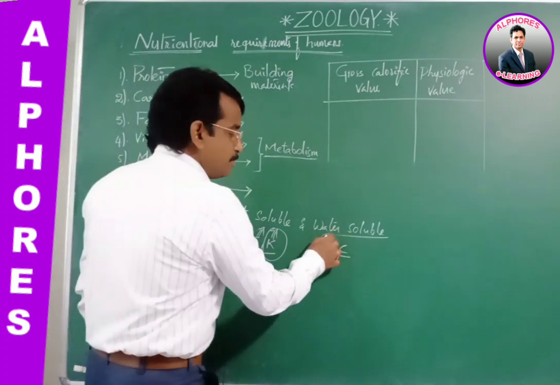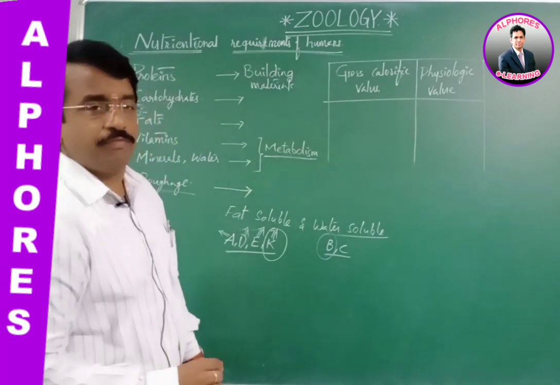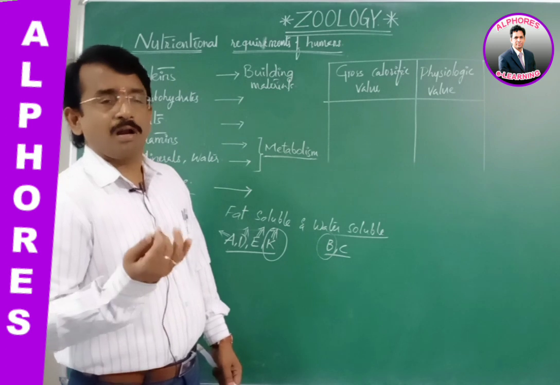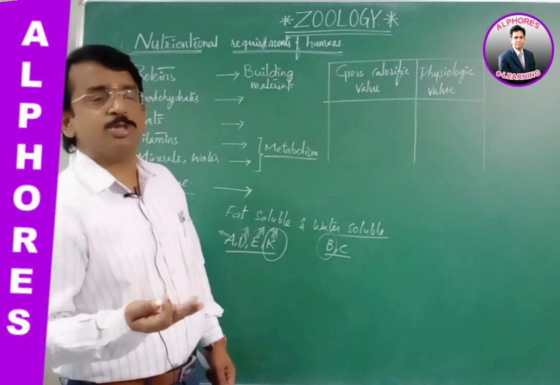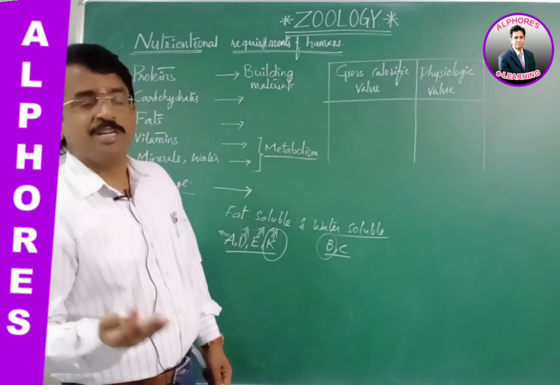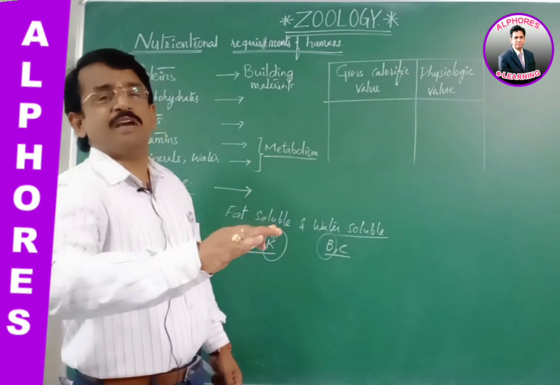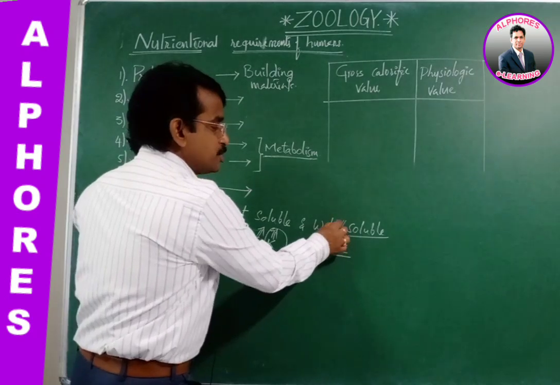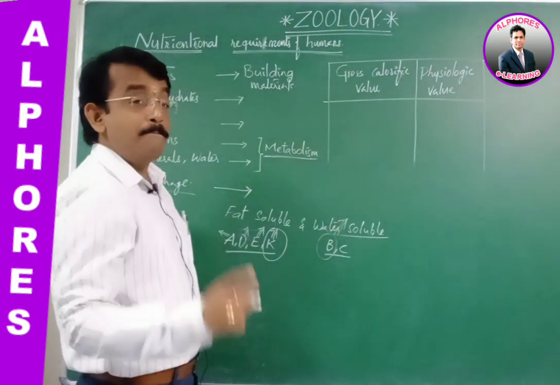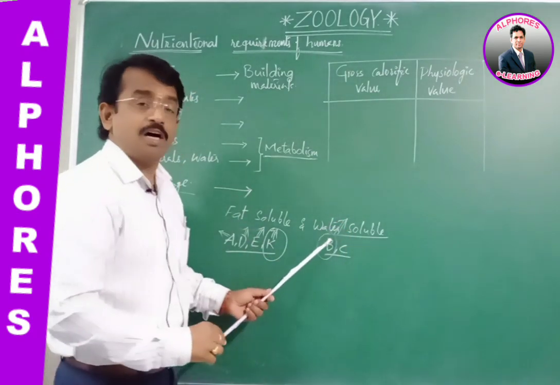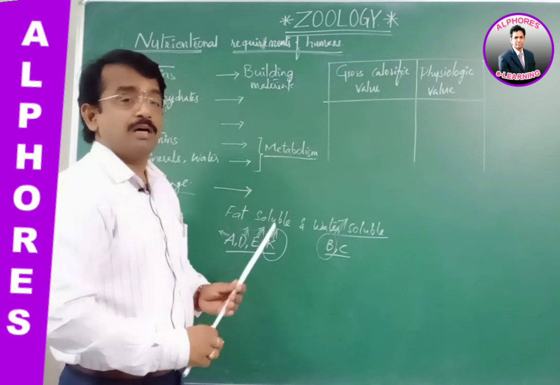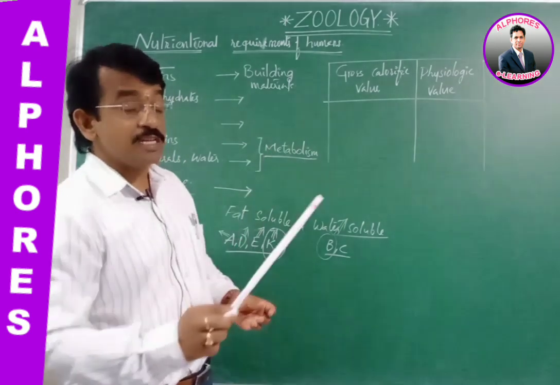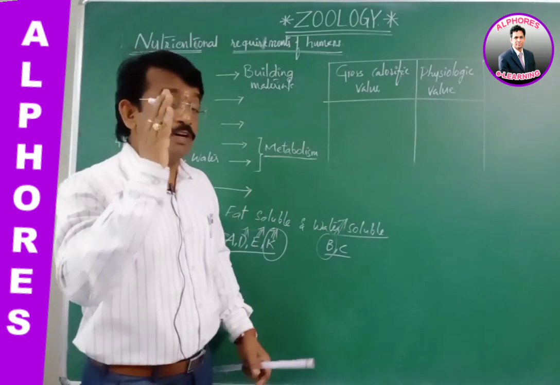B and C vitamins. Vitamin B is a complex of vitamins: B1 thiamine, riboflavin, pyridoxine, pantothenic acid, niacin or nicotinic acid, and biotin are all the B complex vitamins. B vitamins are also synthesized in our intestinal region by intestinal bacteria. This is the reason why we don't have deficiency of some of the vitamins.